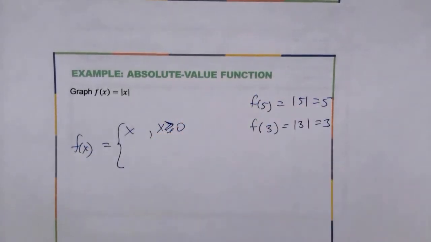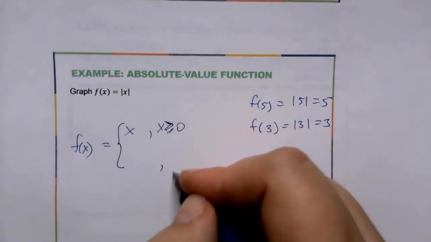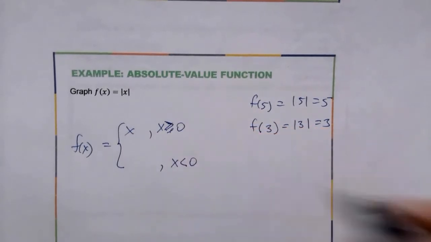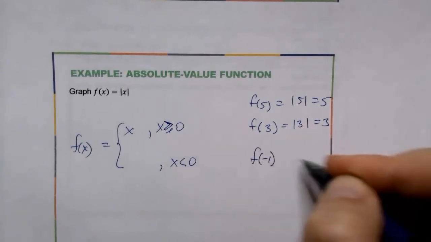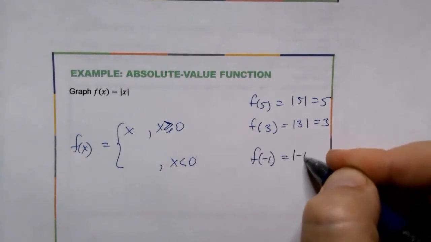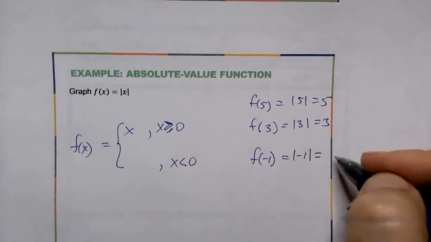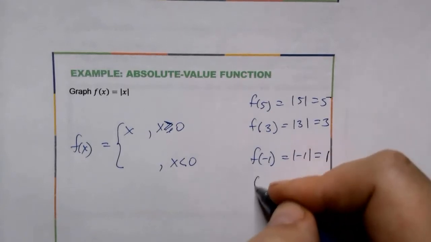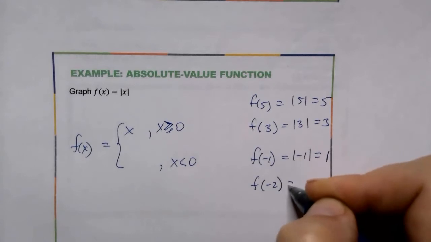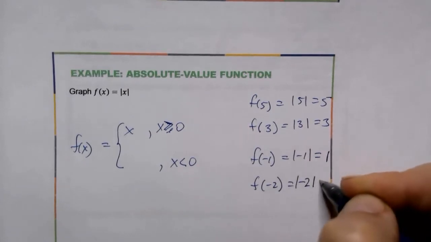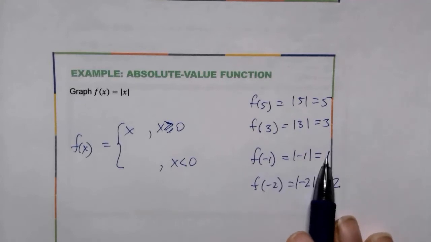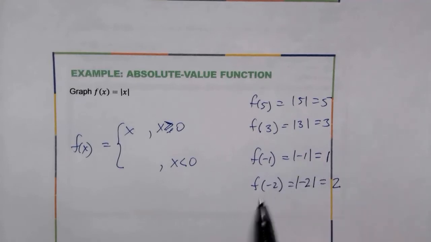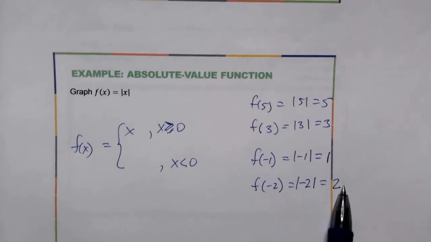But what if x is negative, so x is less than 0? What happens then? For example, f of -1 is absolute value of -1, which is positive 1. f of -2, absolute value of -2, is positive 2. So input is -1, output is 1. Input is -2, output is 2.